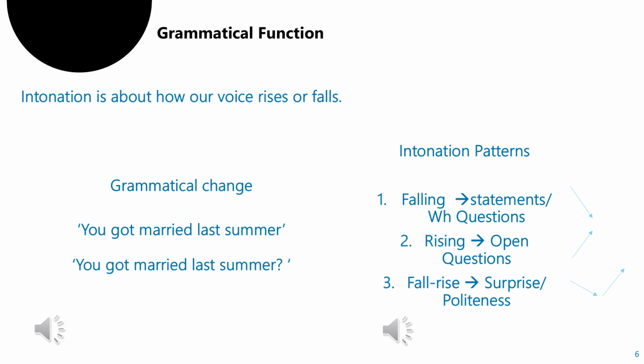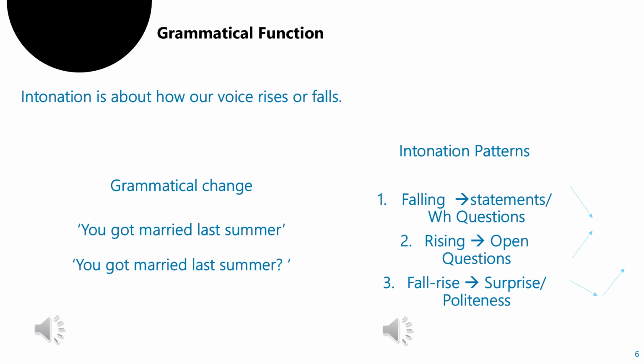The first one would be the falling intonation pattern. Like we said, we can use it in statements. You got married last summer. But we can also find it on open questions, or what we know as WH questions. Listen, where did you get married last summer? I am using the falling intonation pattern.